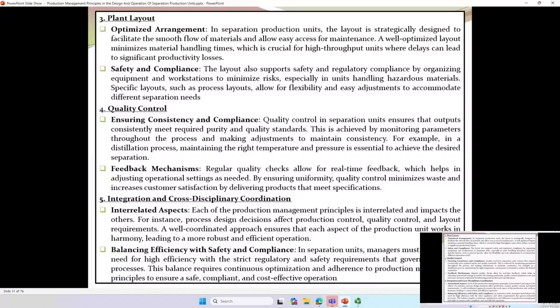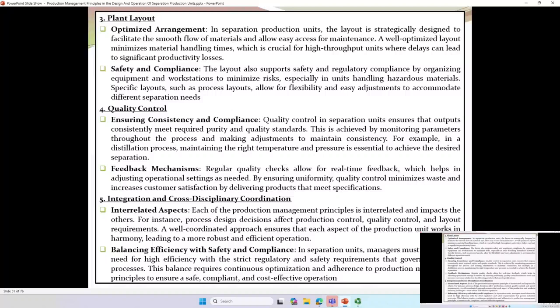Then please listen and listen on. We have plant layouts. How many of you did design projects in maybe undergraduate level? You did design projects? Or a big one like this, right? You discover you have something you call plant layouts, right? PFD, process flow diagram. So everything falls under production management.